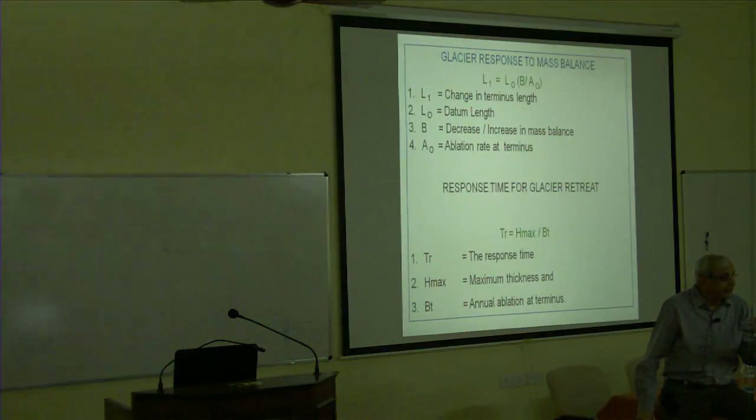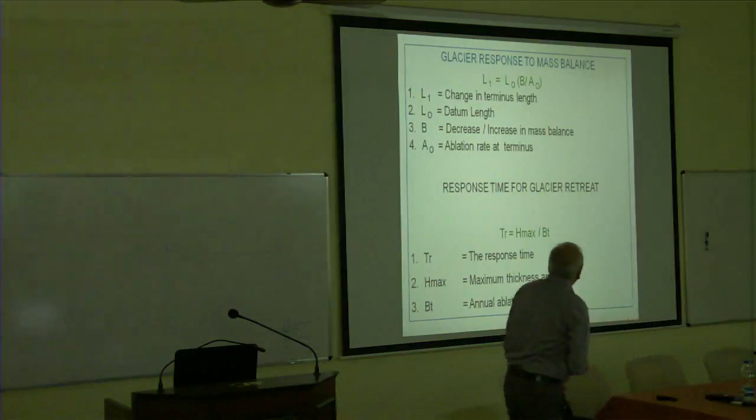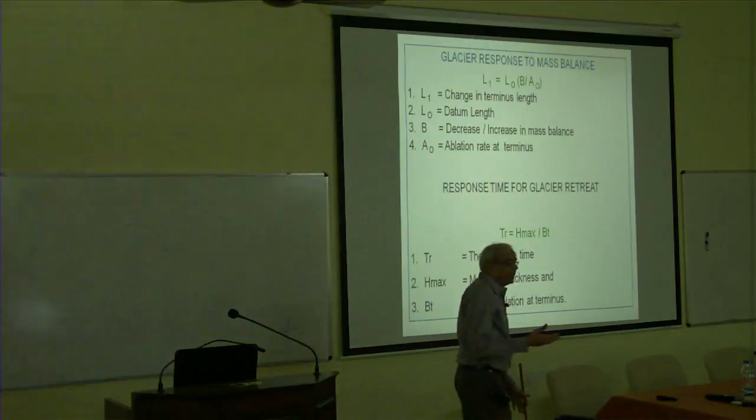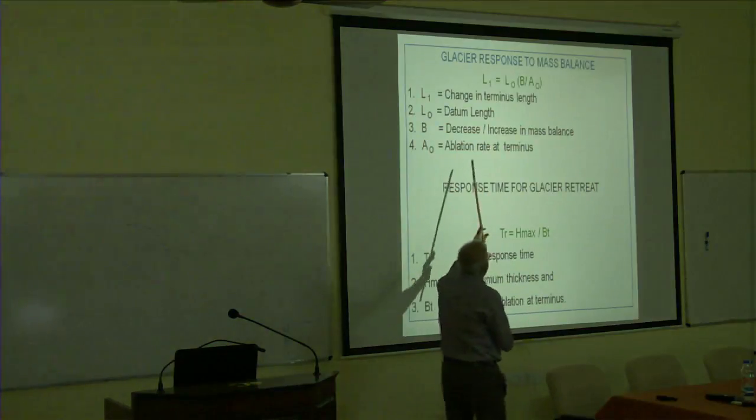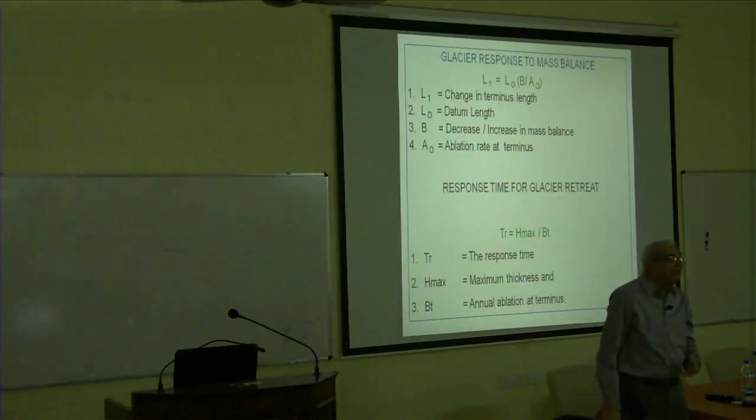If terminus is heavily covered by debris, that land will not be cleared by glaciers. It will remain there, ice can remain there for a very long period because of a thick debris cover. That is compensated by ablation rate of terminus. So depending upon debris cover, ablation rate of terminus can change from glacier to glacier.